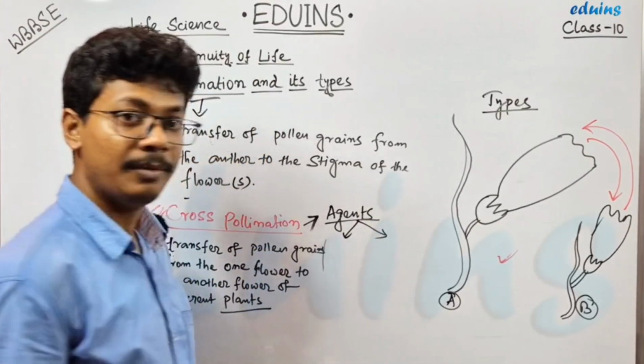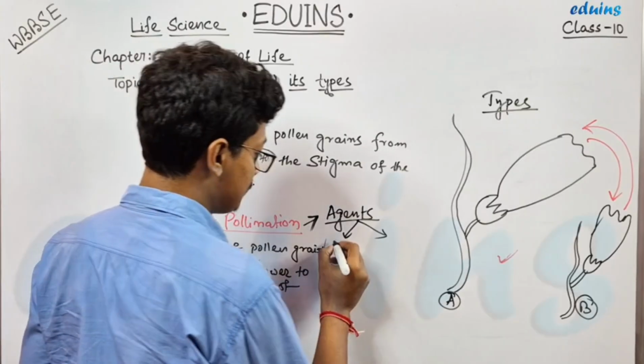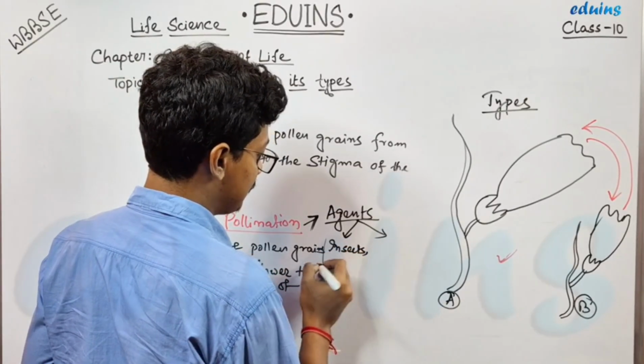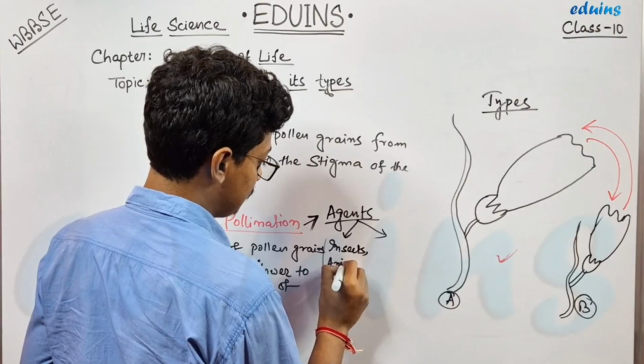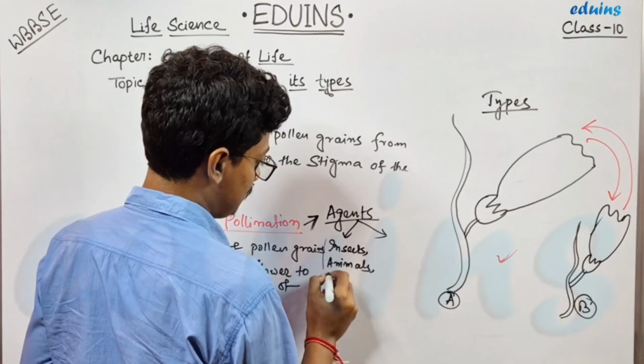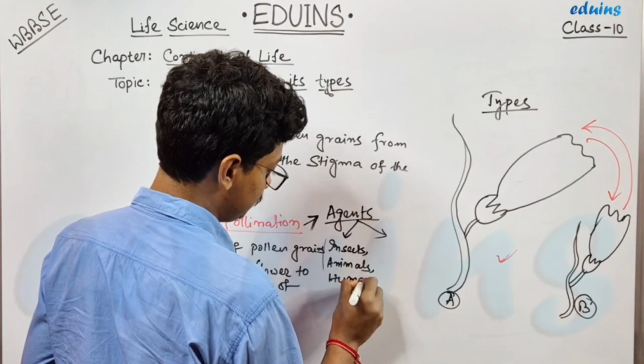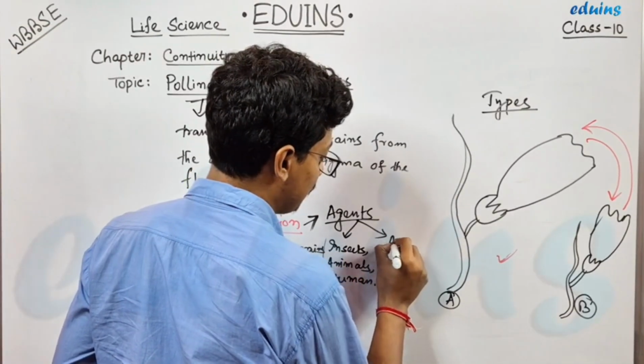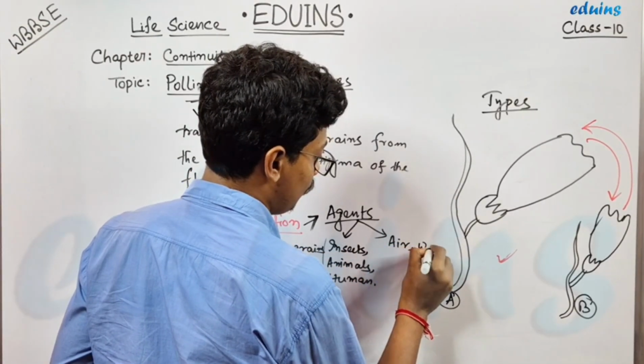Both biotic and abiotic. Biotic agents are insects, animals, sometimes humans also, and abiotic agents are air and water.